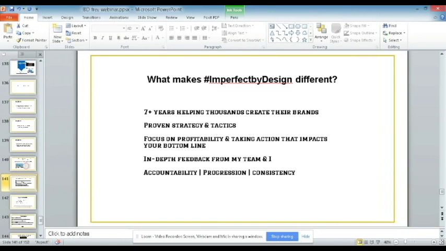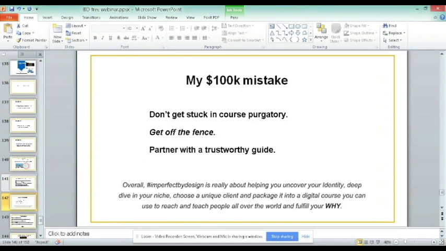All right, so here's my $1,000 mistake. I got stuck in what people call course purgatory. You're stuck in this limbo and you can't get off the fence. And so I didn't partner with anyone. I went and tried to do it alone.